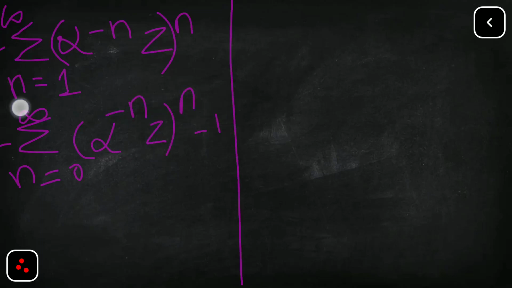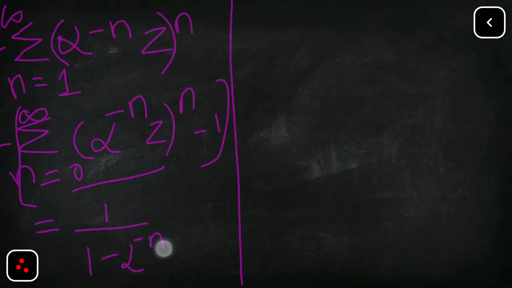I need to put a bracket over here. The very next step is to simplify according to the formula, and you get 1 divided by 1 minus alpha to the power of minus 1 into z.